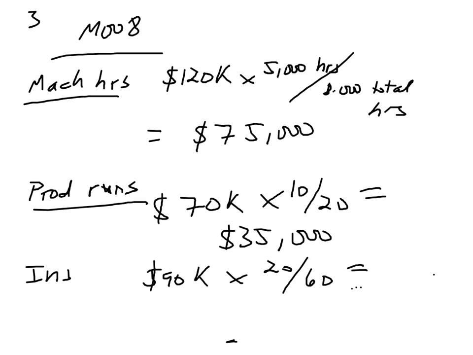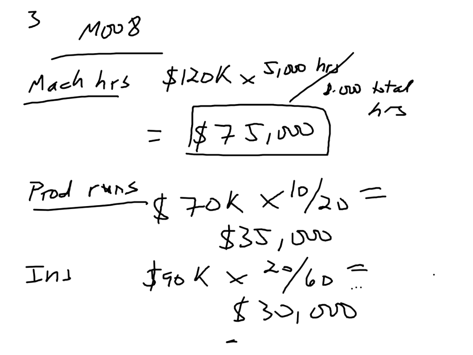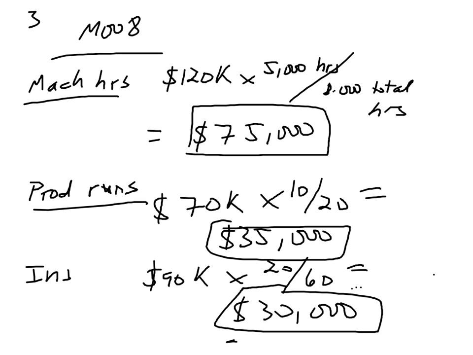So 90,000 times 1/3 would be $30,000. So you add up these three amounts, 75,000, 35,000, and 30,000, and you get 140. So your answer to M008 total overhead is 140,000.